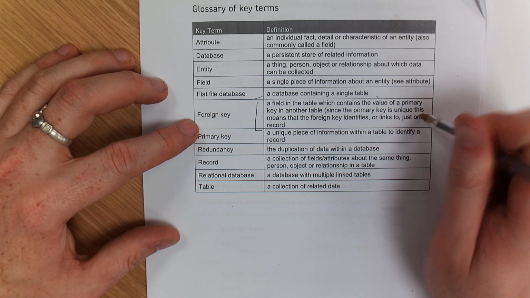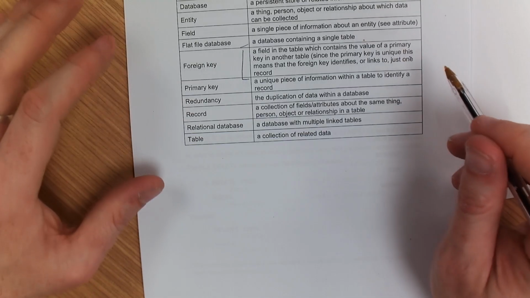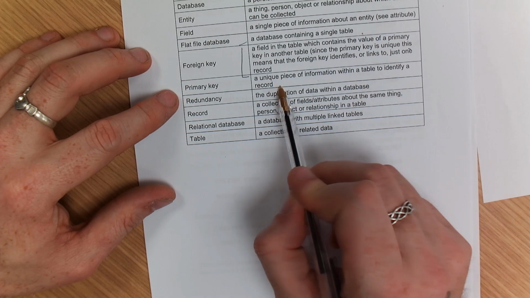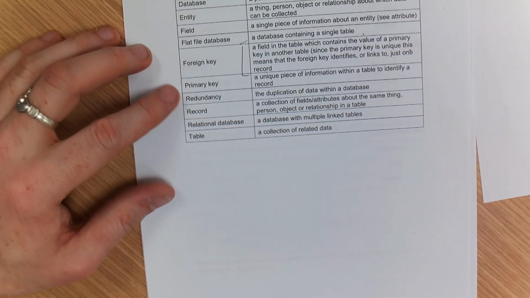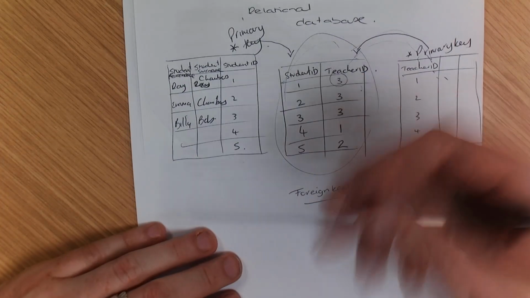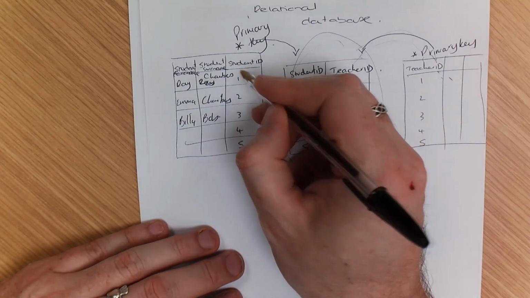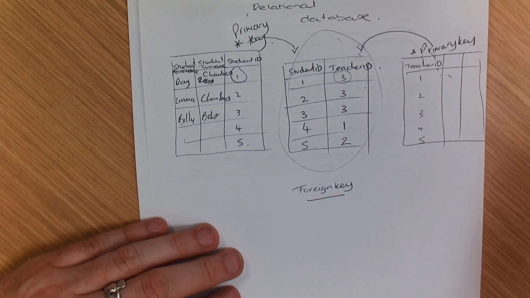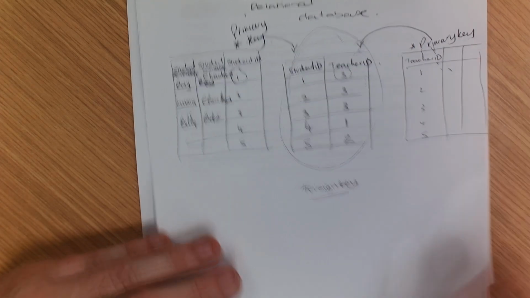Are there any questions up to this point? So a primary key is a unique piece of information within a table to identify a record. Because if I needed to find Ray Chambers in this table here, I just go to student ID 1 and it gives me all the information in that record. That's the idea of this.